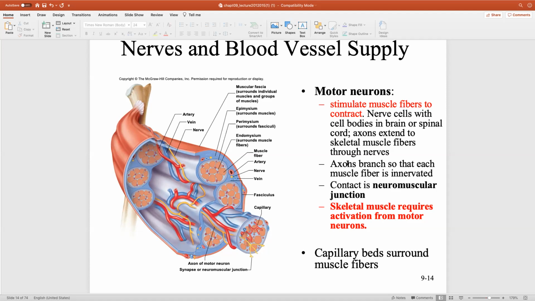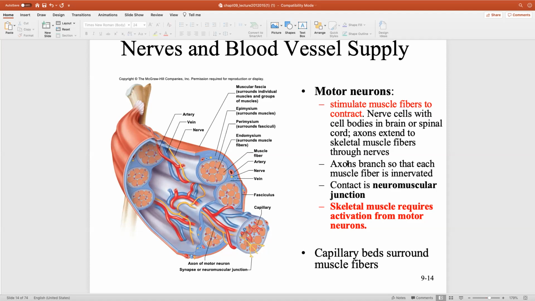If we're talking about your biceps, the main nerve that stimulates the biceps is called the musculocutaneous nerve. You don't need to know that right now, but just understand that we know the names of the nerves. The musculocutaneous nerve has a mixture of motor neurons that go to different cells of the biceps and sensory neurons, right? So nerves are mixed.